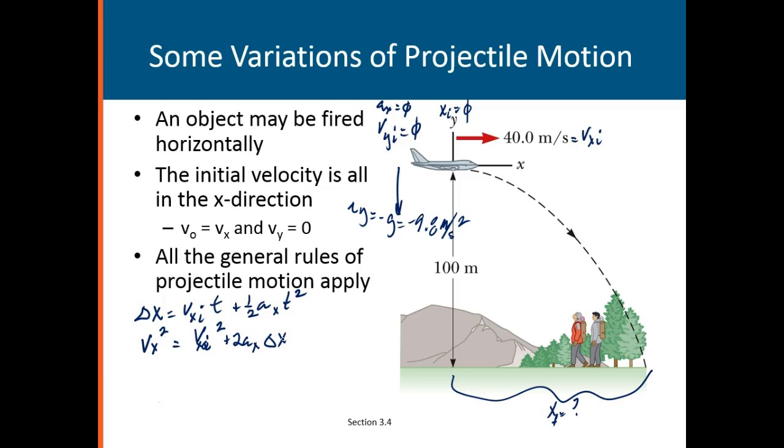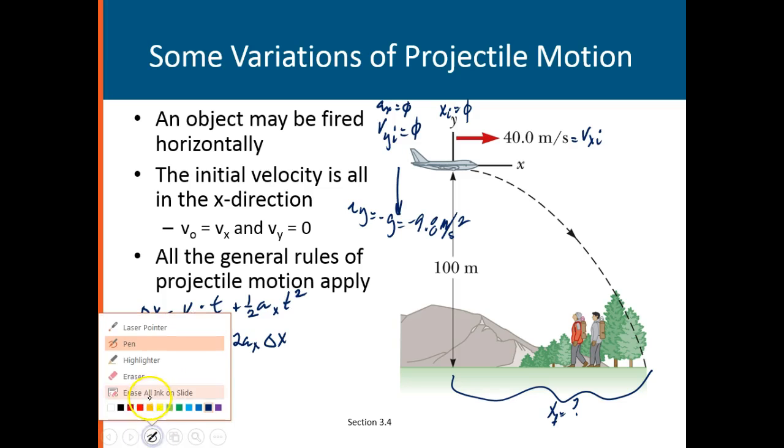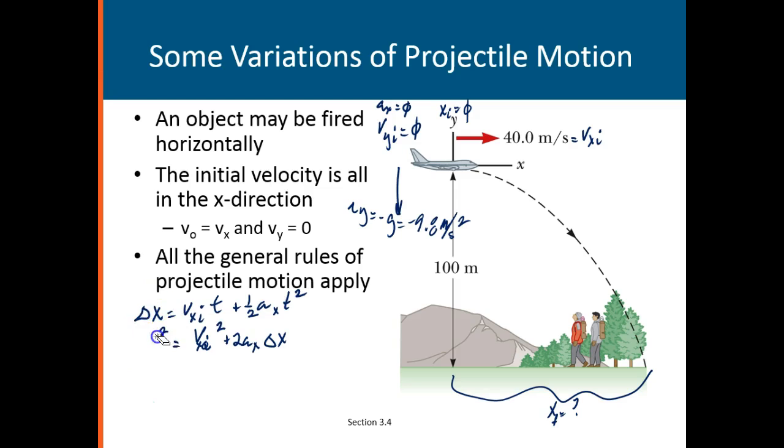But what's wrong with that picture? Yeah, a sub x is 0, so we lose our delta x. So that doesn't do us any good. Those are the only two kinematic equations that have a delta x in them. This one we can't possibly use, so we must need something else.